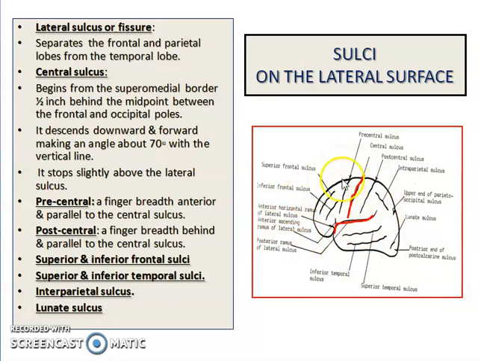Then we have seen the sulci and gyri on the superior lateral surface: the central sulcus, the precentral sulcus, the postcentral sulcus. In front of the precentral sulcus there were the superior frontal sulcus and inferior frontal sulcus. Thus the gyri present between these are the superior, middle and inferior frontal gyrus. Behind the central sulcus we have seen the postcentral sulcus, and within the parietal lobe there was an intraparietal sulcus.